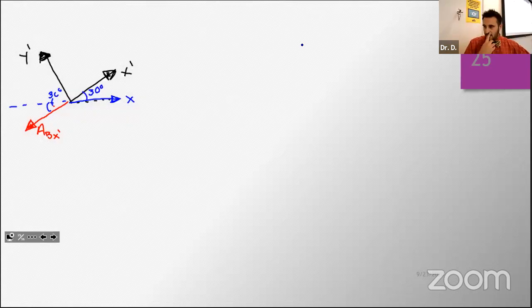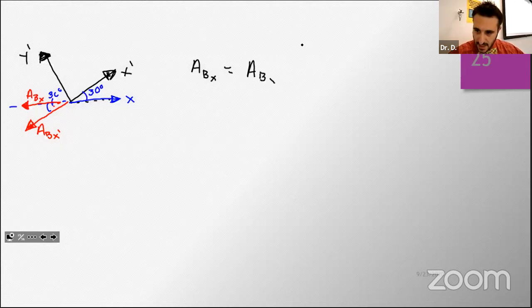In order for me to add A B X prime and x in the x direction, what do I have to do? Well, I have to take the component here, and this component is A B X. How do I get A B X? Well, A sub B in the x direction is A B X prime cosine of 30 degrees.